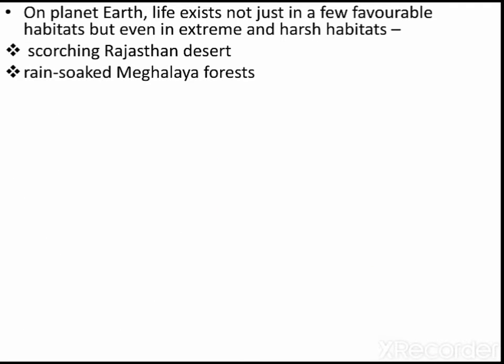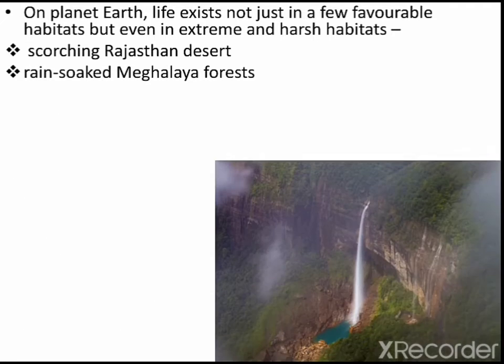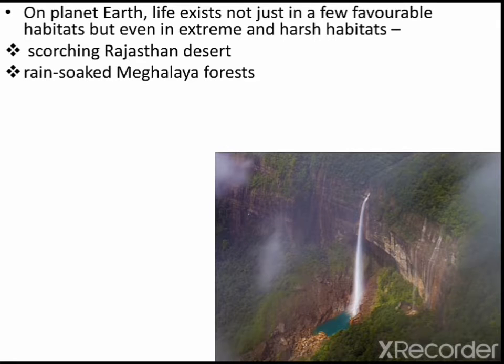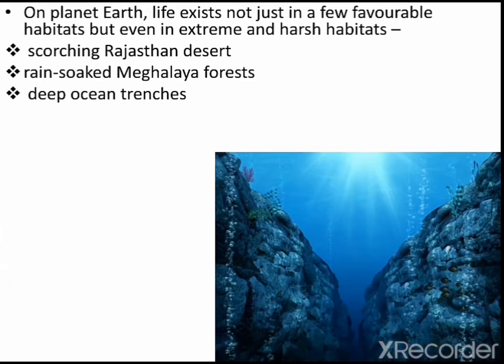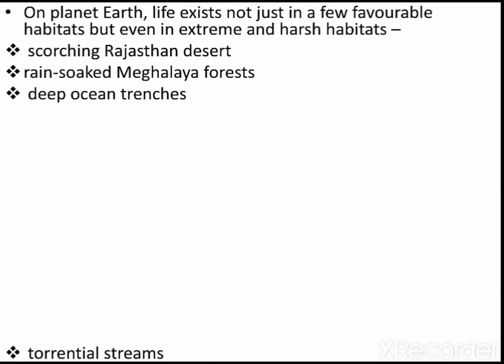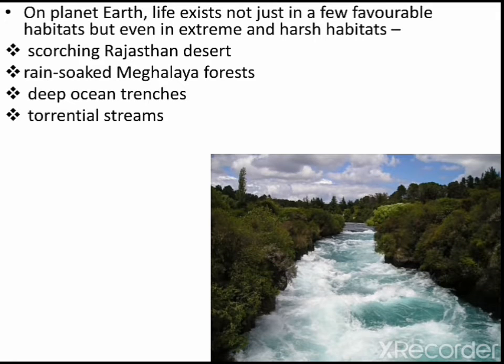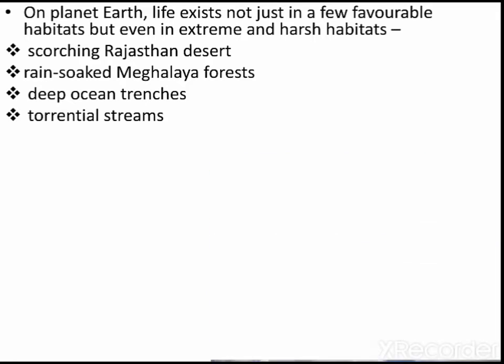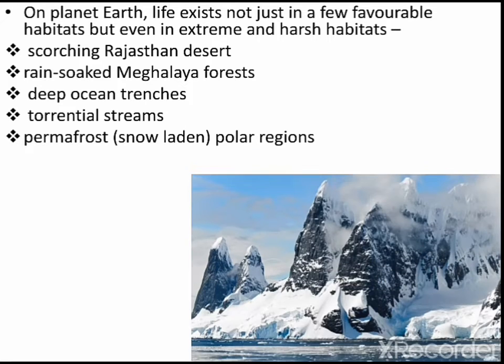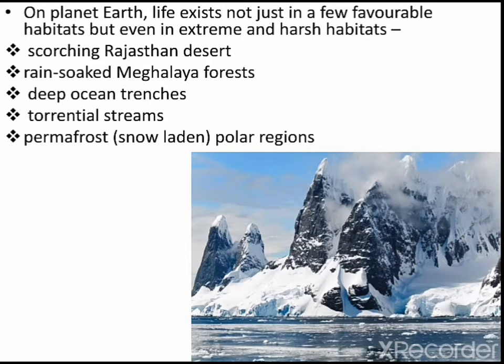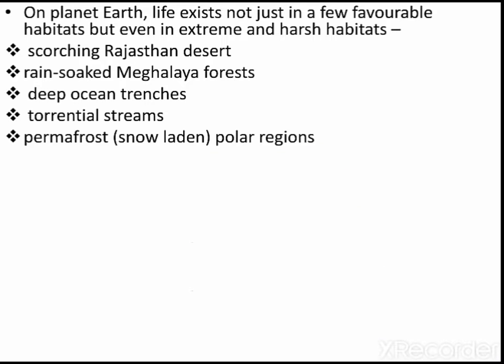Another example for harsh habitat is the rain-soaked Meghalaya forest, where every time there is extremely high rain. Now another is the deep ocean trenches, which is something like this. And the next one is the torrential streams, where there is extreme flow of river and any other water bodies. Another example for a harsh habitat is the permafrost polar regions, which is associated with the snow mountains, snow ice caps and all.